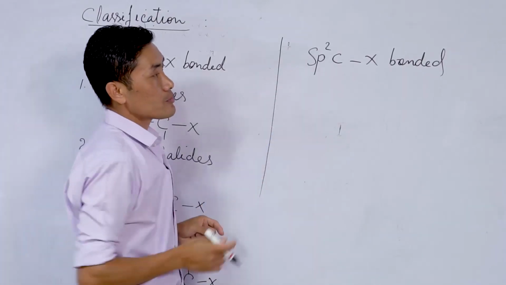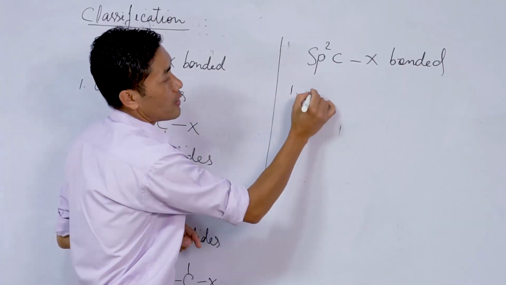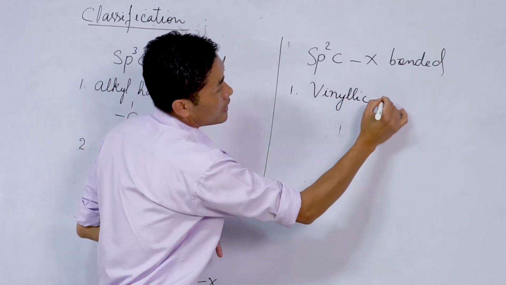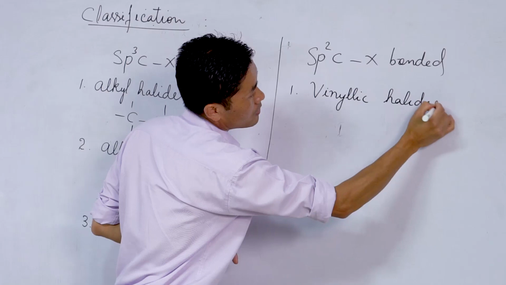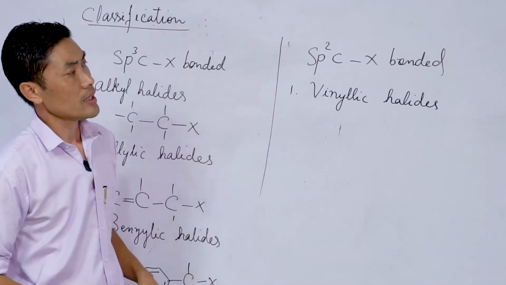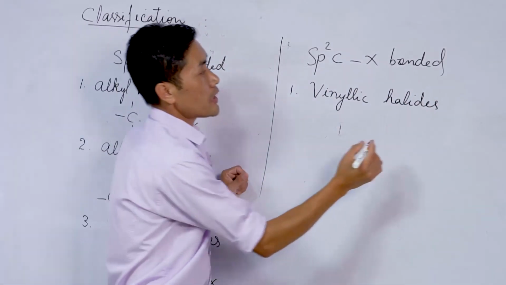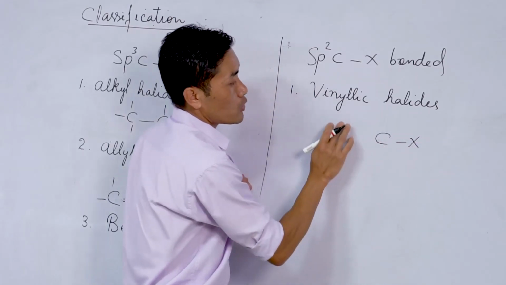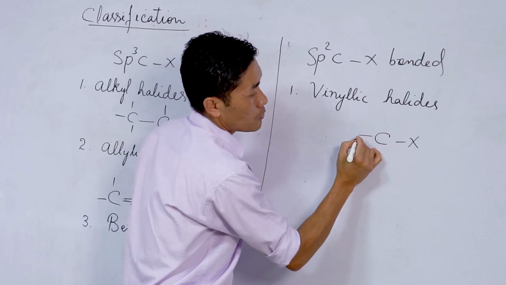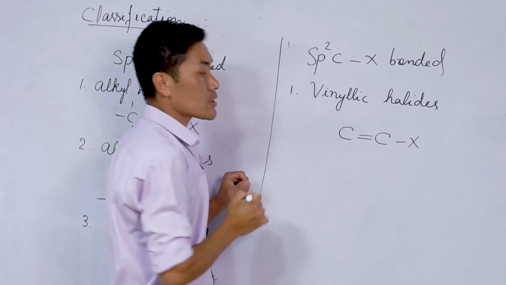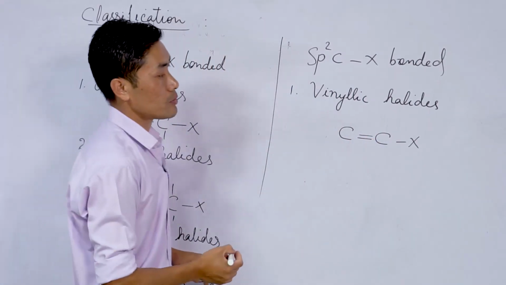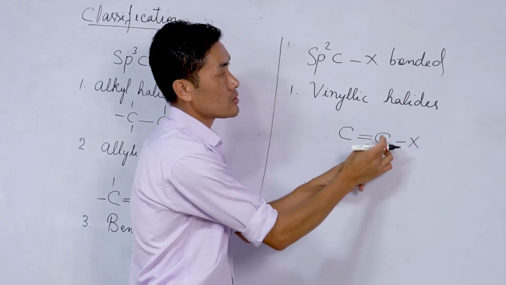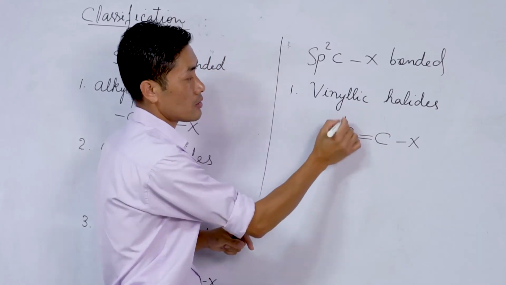Then the next one, in this one, the halogen atom is bonded to an sp2 hybridized carbon atom. Under this also we have two types. We have the vinylic halides. In vinylic halides, the halogen atom is bonded to a carbon atom which is bonded to another carbon atom by a double bond. That means this carbon atom to which the halogen is attached is sp2 hybridized.